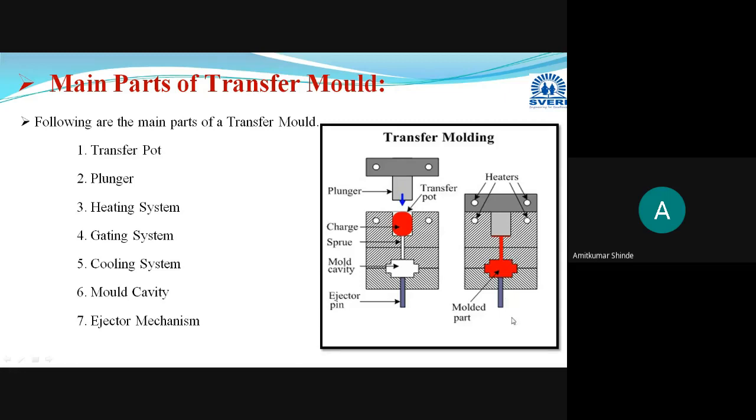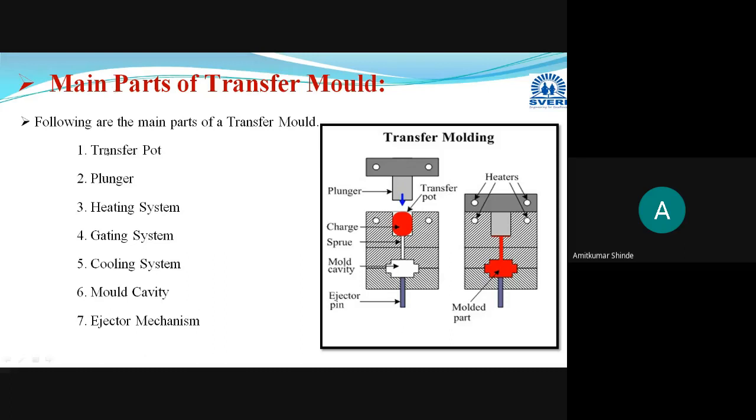Then, with the help of the ejector pins, we safely remove the molded part from the mold and obtain the final product. So this is the function of the ejector mechanism: easy and safe removal of the molded part from the mold after opening it, when the curing is finished.